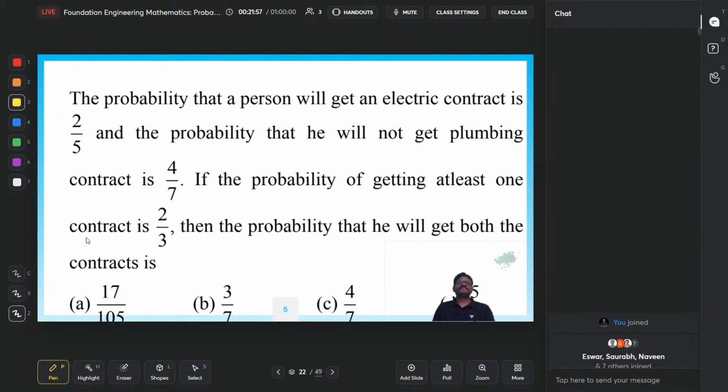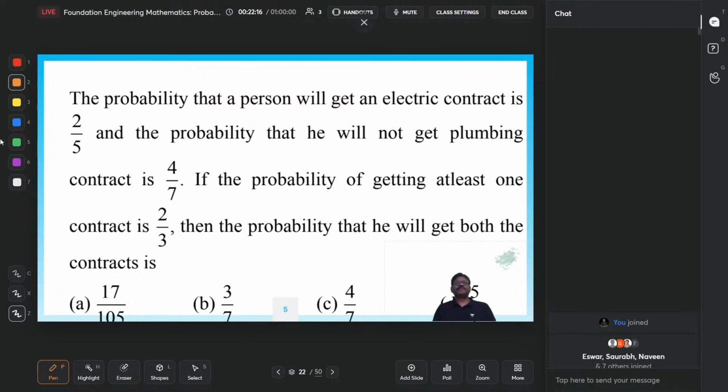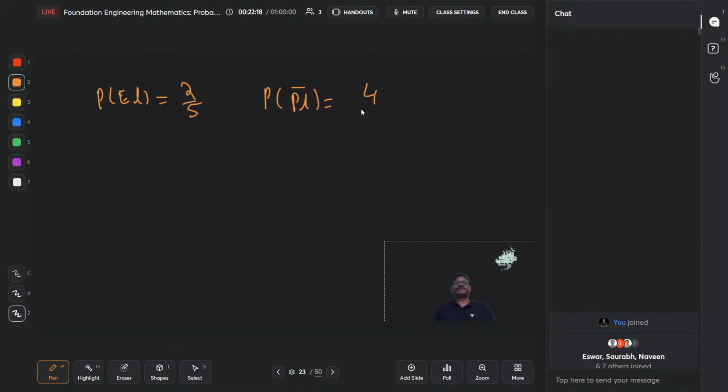Observe here, the probability that a person will get an electrical contract is 2 by 5. Probability of not getting a plumbing contract is 4 by 7.